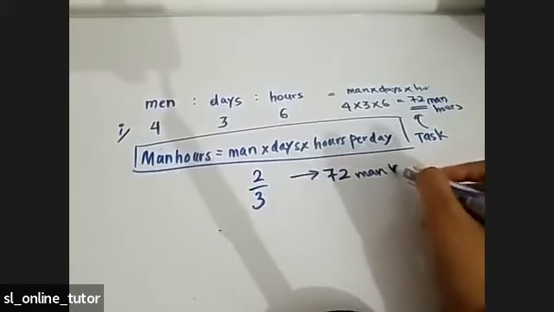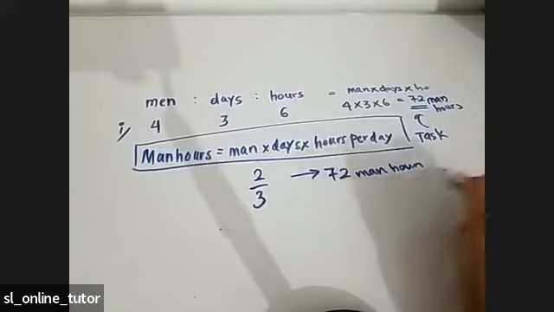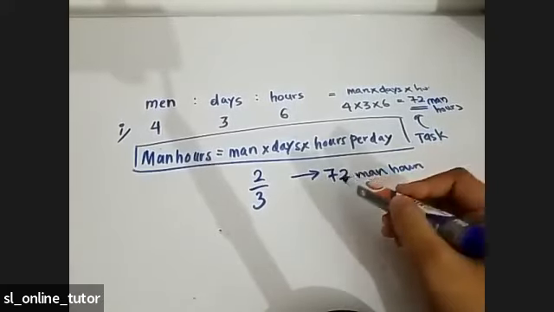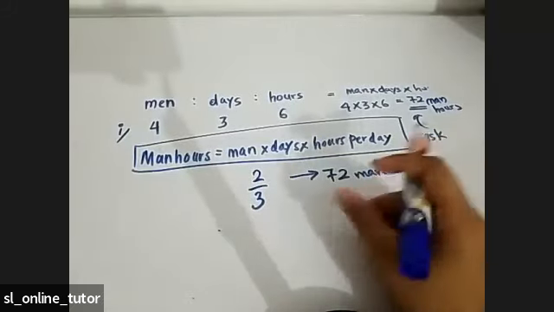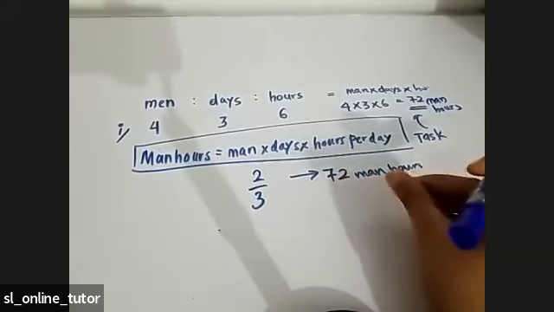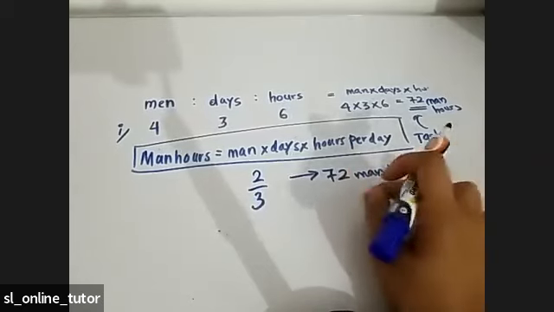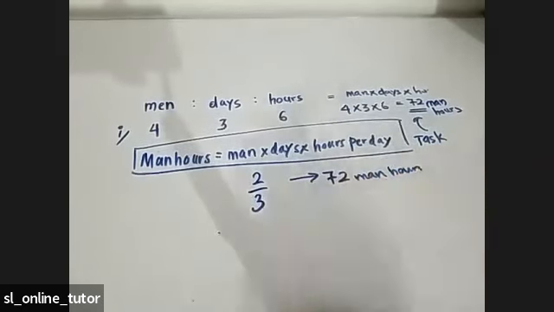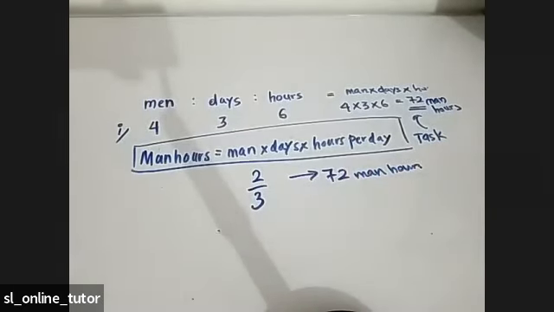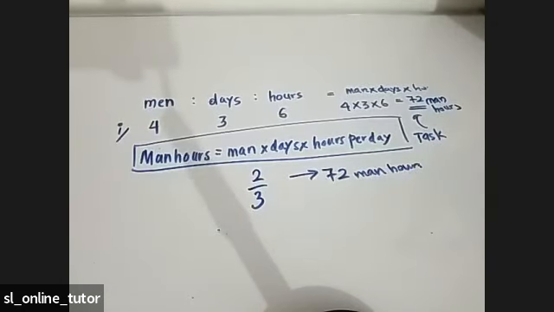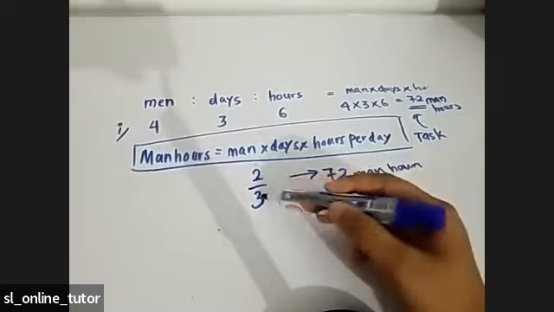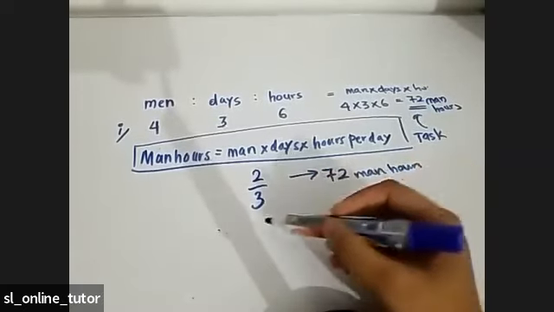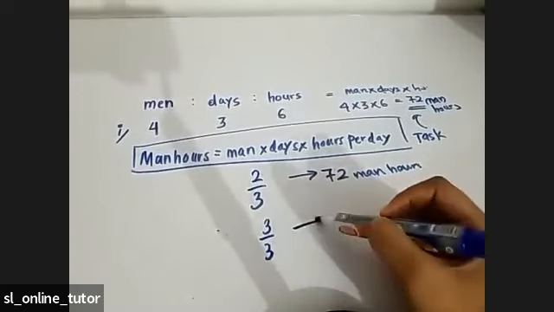They have completed 2/3 by working this much of days, this much of hours. The completed task is already given in fraction and also in the magnitude. So we have to find how much is the complete work. So my question is, if 2 upon 3 is 72, what is 3 upon 3, the complete work?